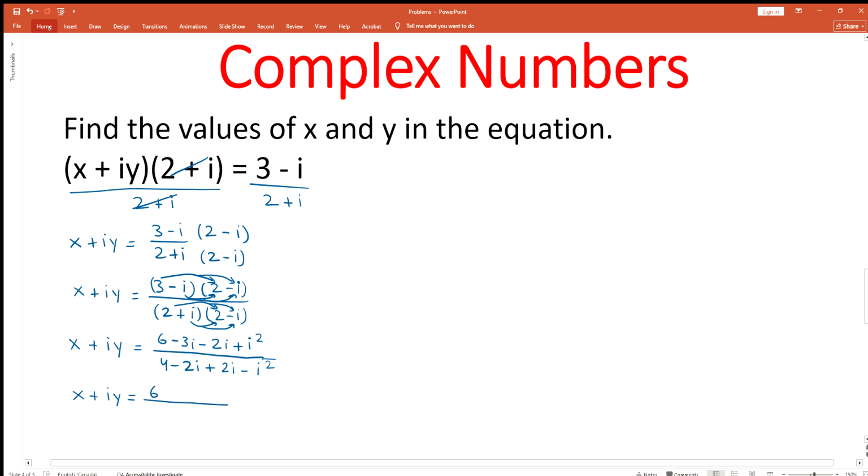In the numerator, negative 3i minus 2i is equal to negative 5i. And i squared is equal to negative 1. In the denominator, negative 2i and positive 2i cancel each other out. And we can replace i squared with negative 1.